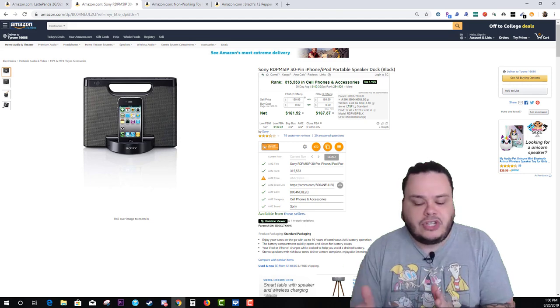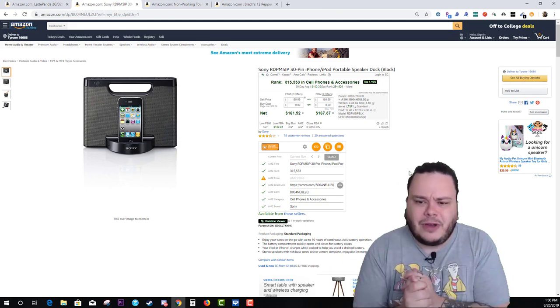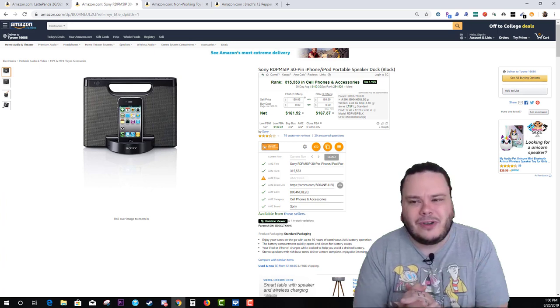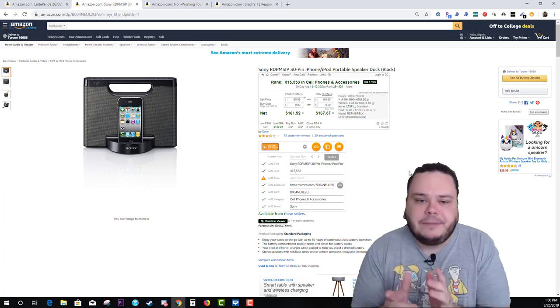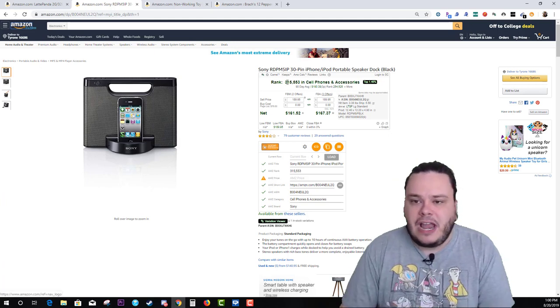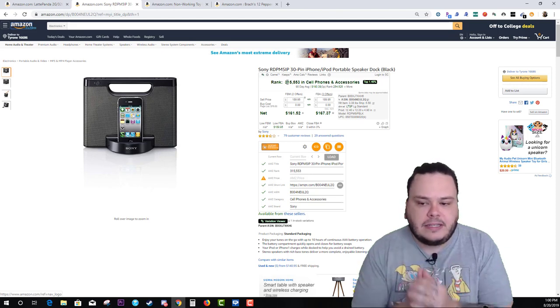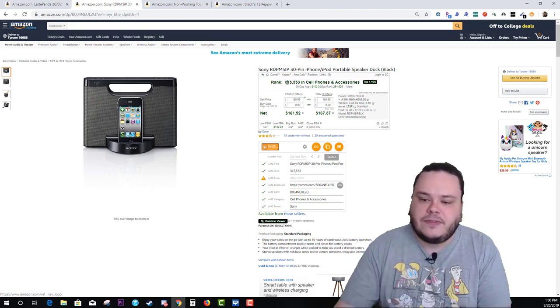So Gen 1 to Gen 4, I think. I might be wrong. I don't like iPhones, so I don't know. Even though I did have an iPhone 1, it was okay. But this does have Bluetooth, so this does continue to sell. You will see that the rank on it is atrocious, but we're going to do some calculations to figure out some sales velocity.